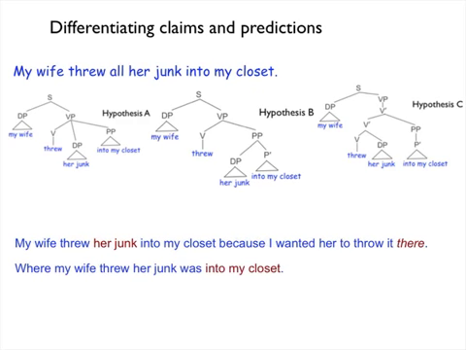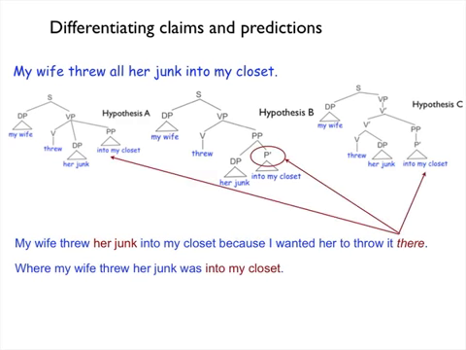Again, no evidence at all. That's irrelevant, because under all the hypotheses, even under hypothesis B, there is a constituent that consists of "into my closet." It's not a PP, so you might say, well, what if we found out that the proform can only have a whole PP as its antecedent?